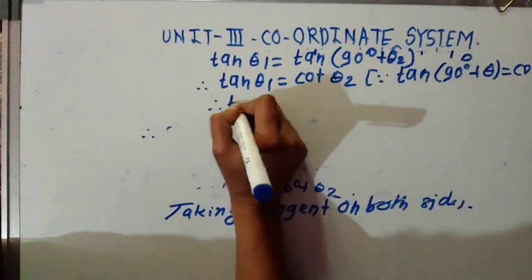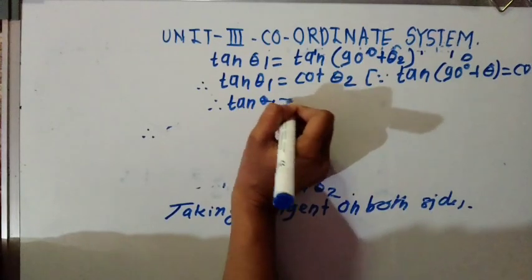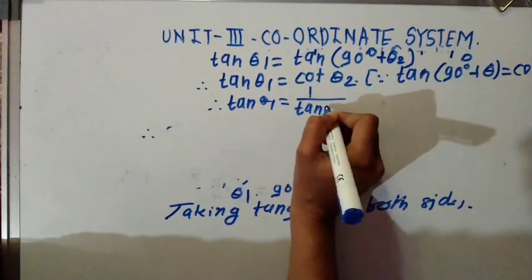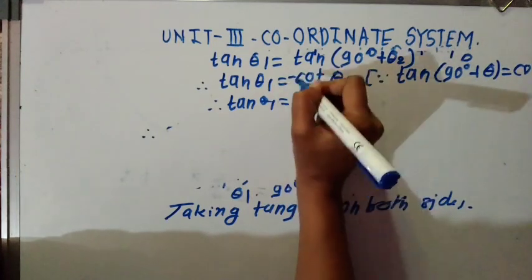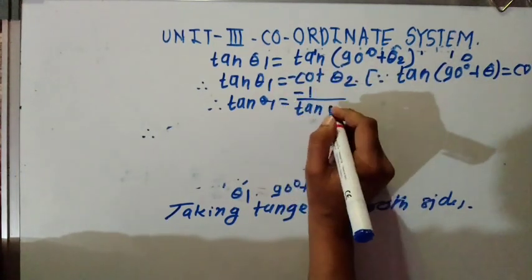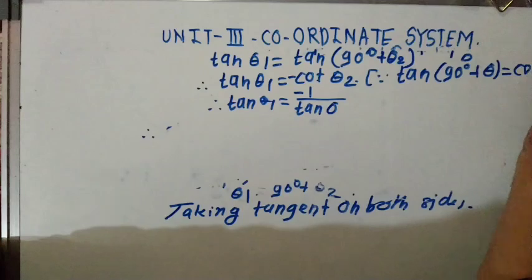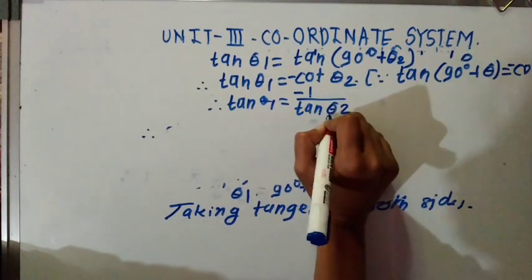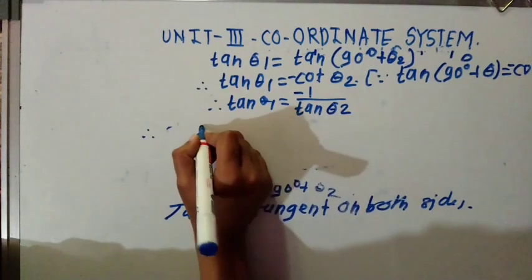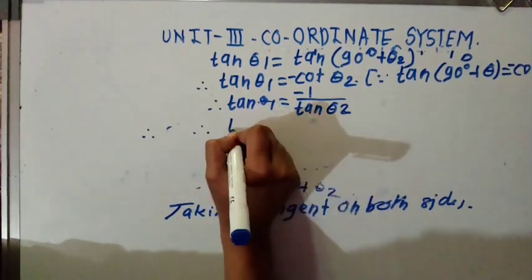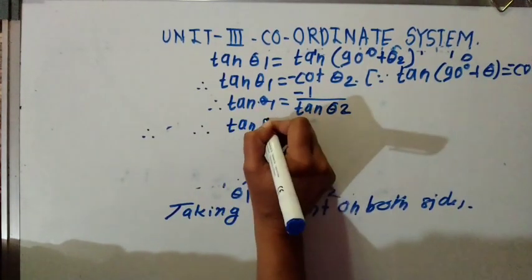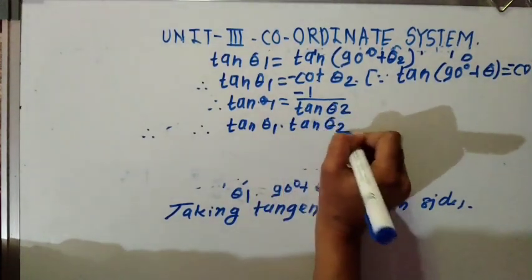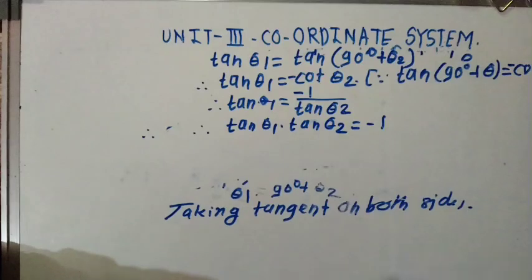But cot theta 2 is equal to 1 upon tan theta 2, so tan theta 1 is equal to minus 1 upon tan theta 2. Hence, on multiplication, tan theta 1 into tan theta 2 is equal to minus 1.